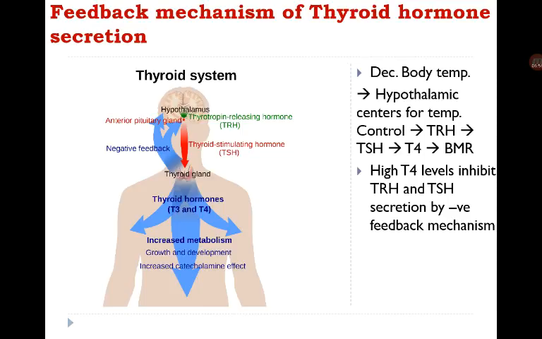Actually, some books say that the negative feedback mechanism works only in the anterior pituitary. So T4 is going to bind only to the anterior pituitary and prevent TSH, while TRH is controlled only by the thermoregulatory centers. Whatever, not that important.